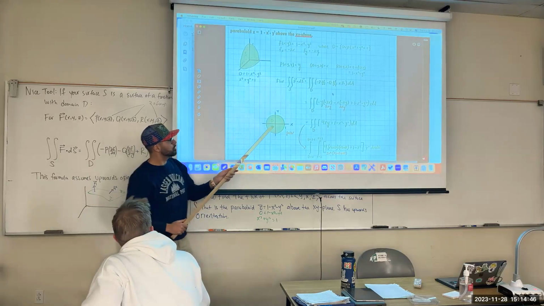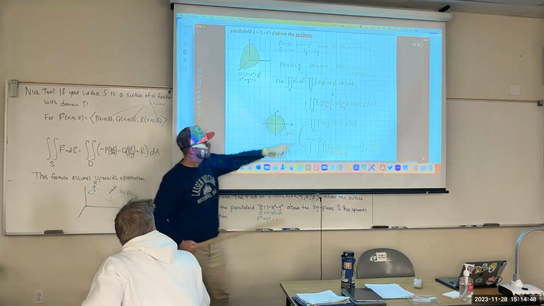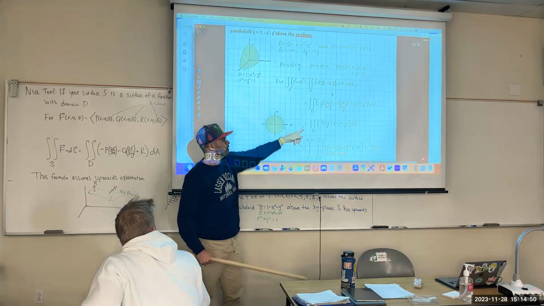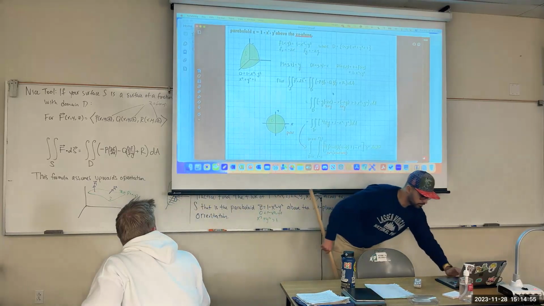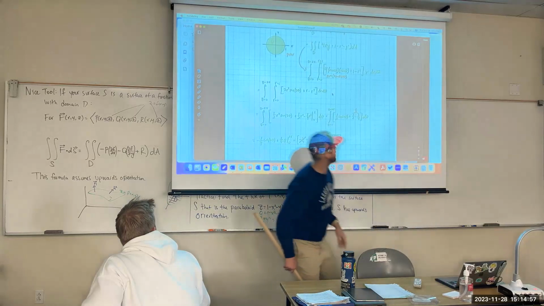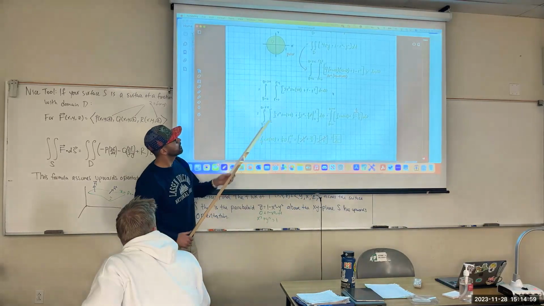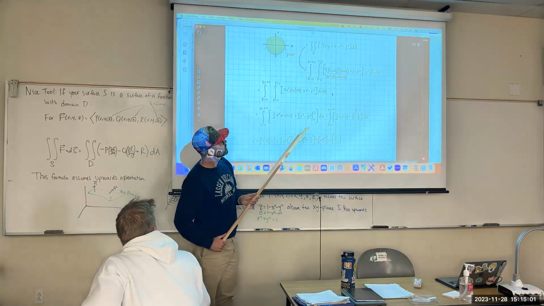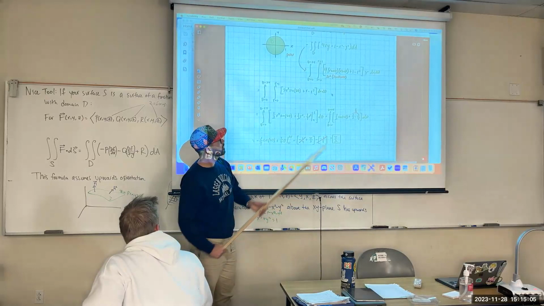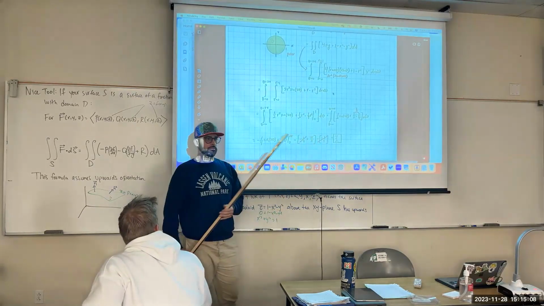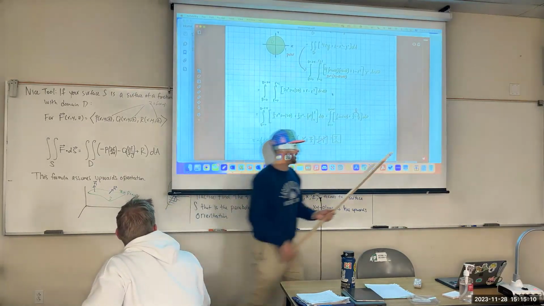So because the domain is a circle of radius 1, you can convert to polar if you would like. It's the easier way to go. Once everything gets converted to polar, these will be your bounds. All the x's and y's get replaced with sine and cosine, and then integration. Okay?